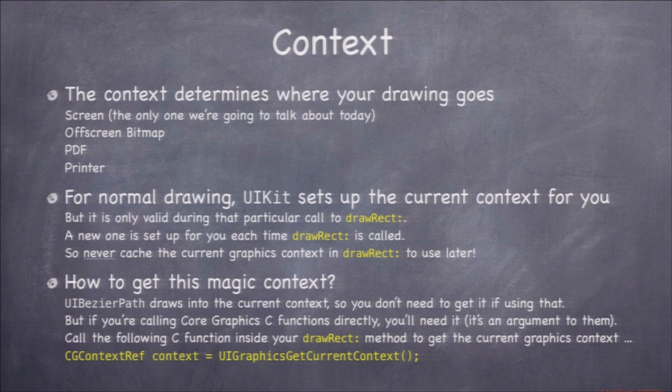That context ref is just a void star. You don't know what it is. It's opaque. This thing is new every time your DrawRect is called, so never keep it around. It's only good from the start of your DrawRect to the end. Don't keep it in a property or anything that's going to live. Call UIGraphicsGetCurrentContext each time at the start of DrawRect.